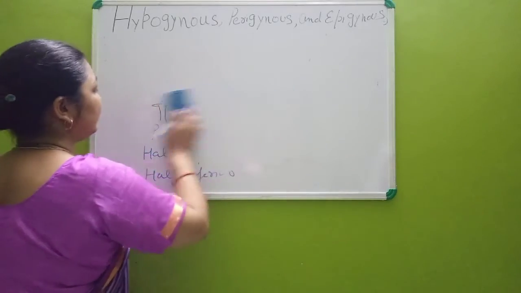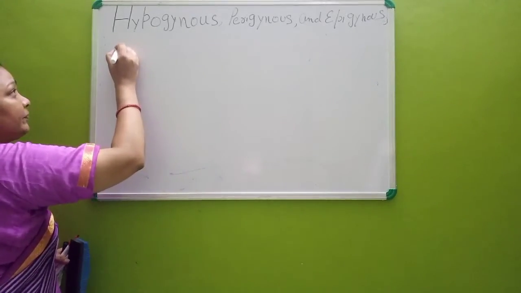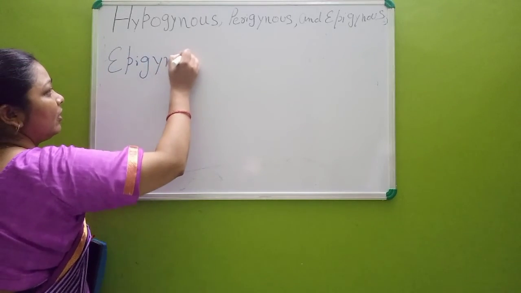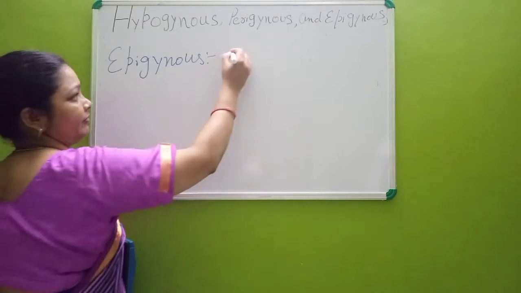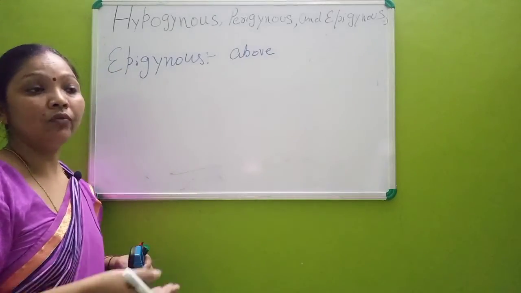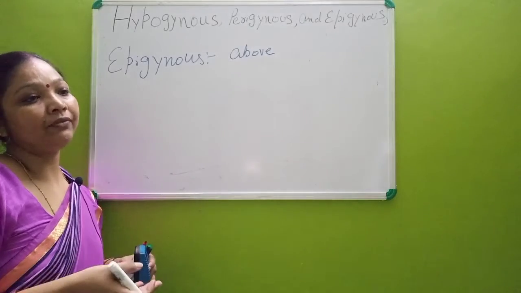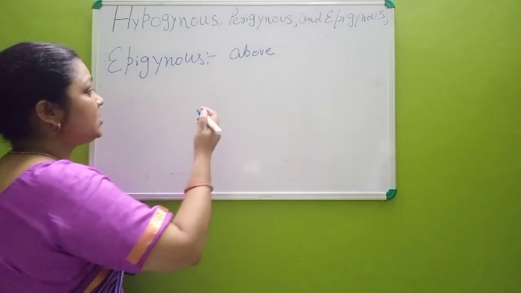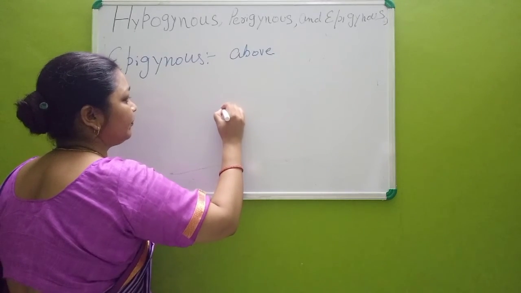Now the third type of flower on the basis of position of ovary is the epigynous flower. Epi means above, gynoecium means ovary. That is, everything is arising from above the ovary. So in this, what happened? Suppose this was the thalamus that we are making.